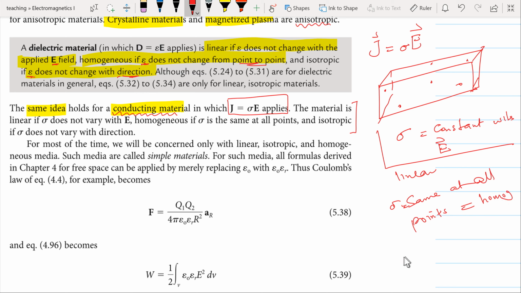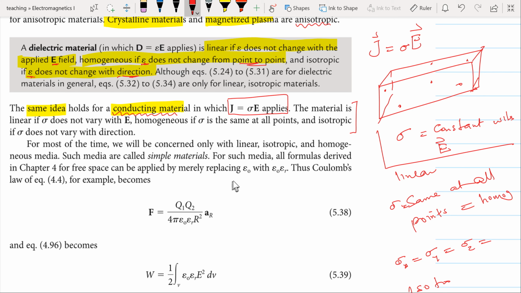And lastly, if sigma does not vary with direction, that sigma in the x direction is the same as sigma in the y direction, and the same as sigma in the z direction, then this material is said to be isotropic.